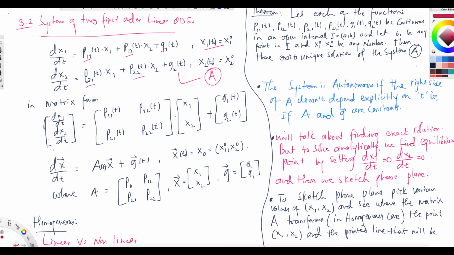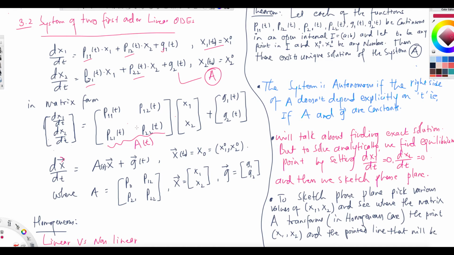And if you denote this by dx vector over dt, where x is x1 and x2, if you simplify that you will get dx1 over dt and dx2 over dt. Similarly, if you denote this whole thing by A(t), this may be a matrix depending on a function of t for each of these entries, or just a matrix of constant values.